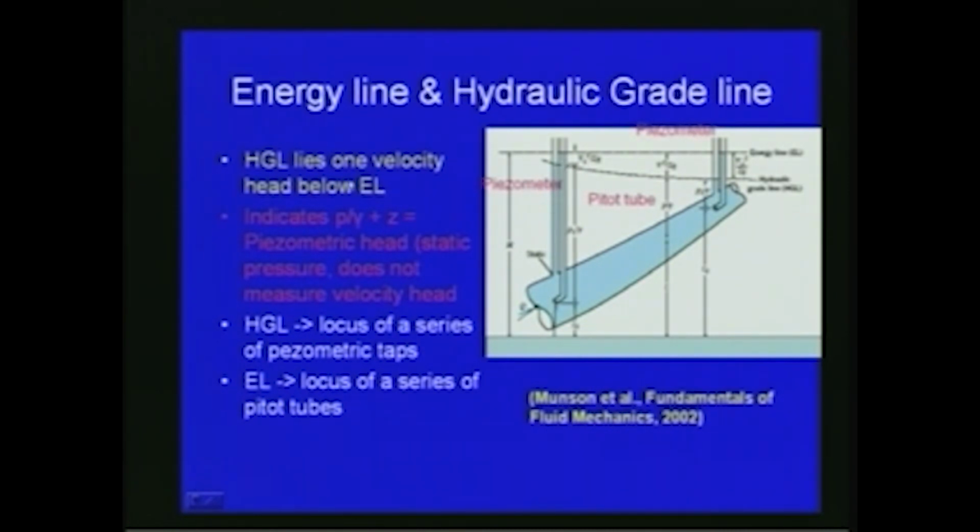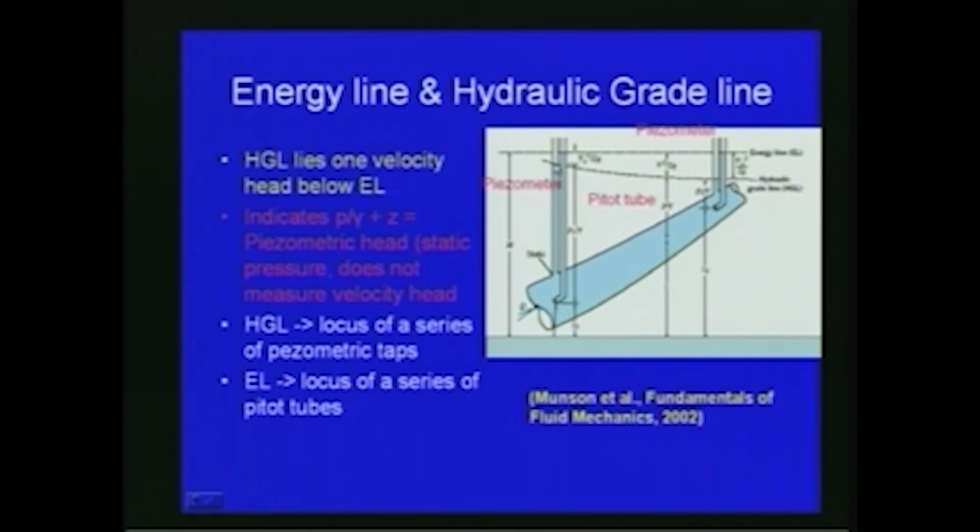You can see here, if you consider pipe flow like this, and take the piezometer level at location 1 and at location 2, the piezometer indicates the pressure head and datum head. So with respect to the piezometer, we can write p by gamma plus z, that is the piezometric head. This is actually the static pressure and does not measure the velocity head.